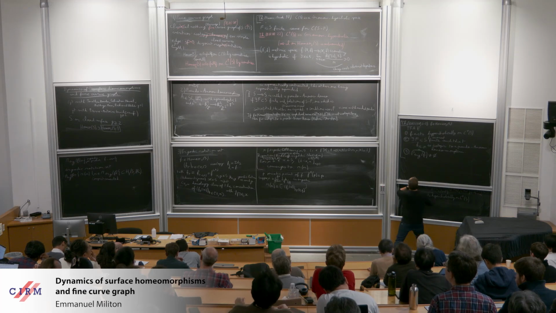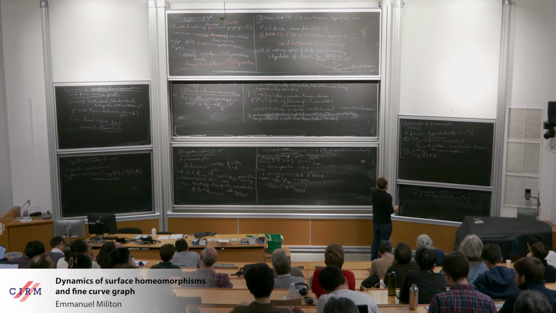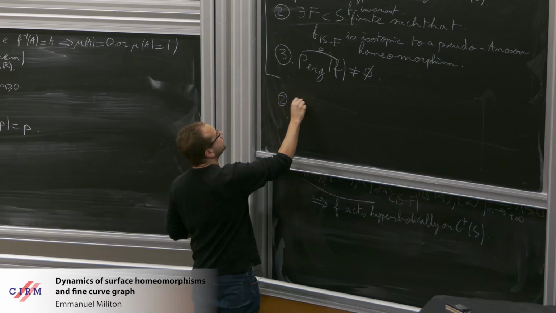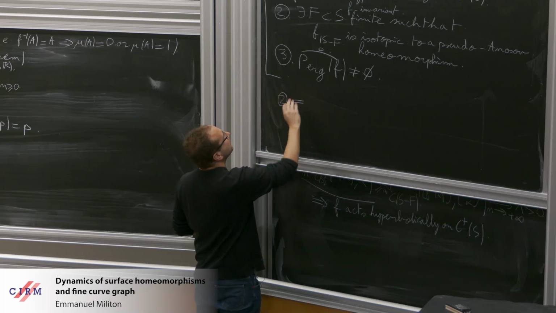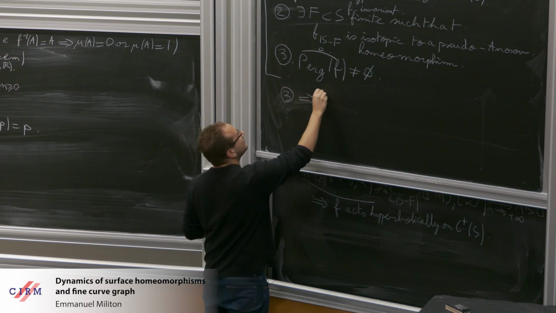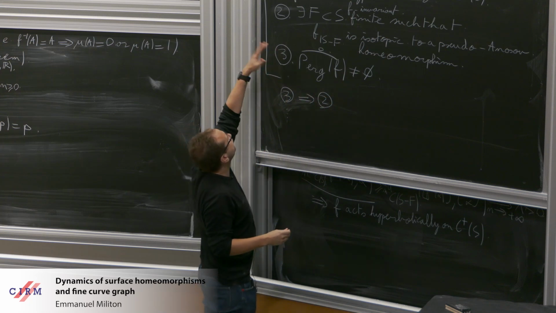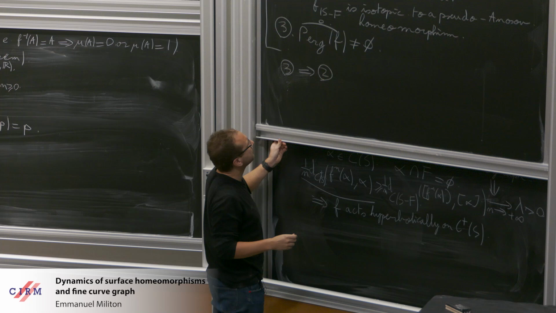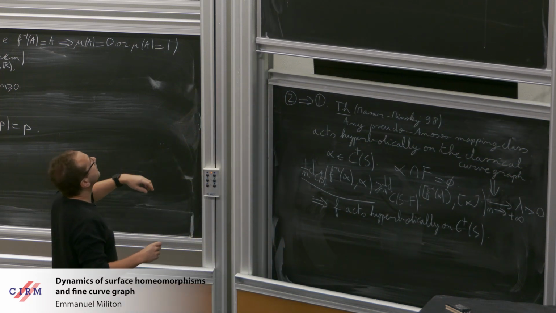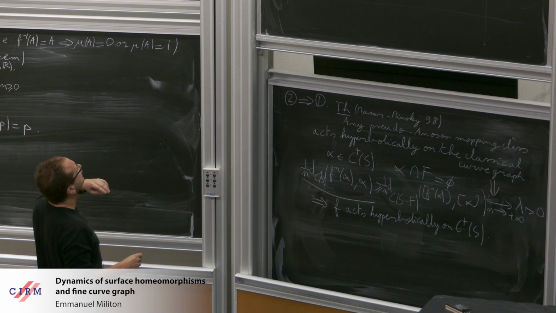So I will first deal with the easy implication, which is 3 implies 2. Okay, we have already proved 2 implies 1. Now I will talk about 3 implies 2, and I will finish, if I have time, with some words about the last implication.